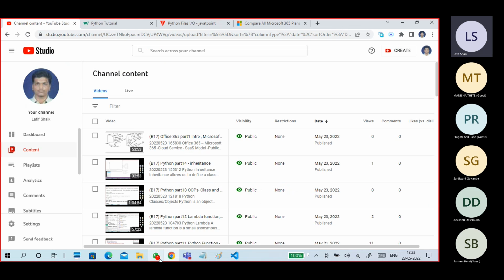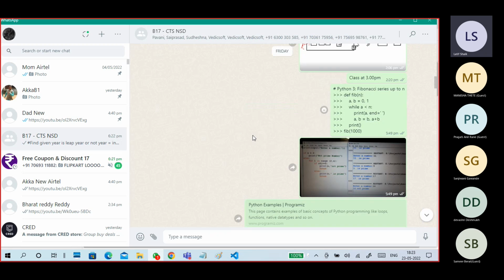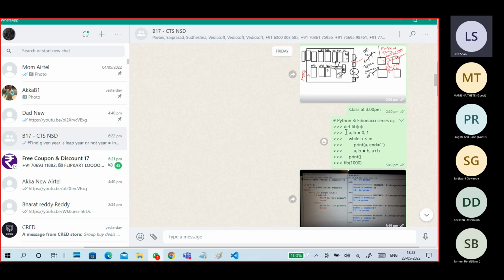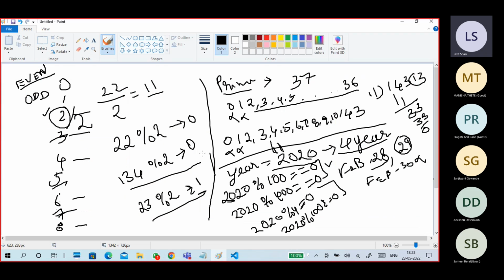I copied it from the Python website. I will explain this Fibonacci series first. I will remove these things.